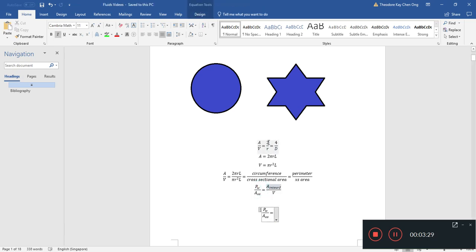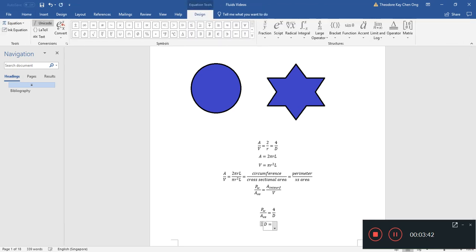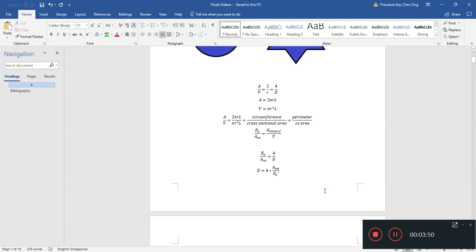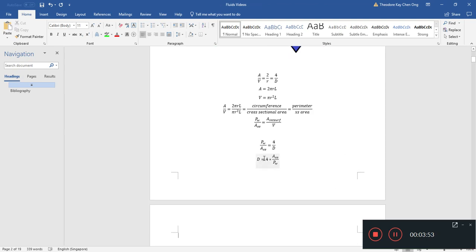This ratio is described as such for a circle, and then we note that the diameter equals 4 times A_XS divided by the wetted perimeter, and we find that for a circle, this ratio 4A over P will just give us the diameter.